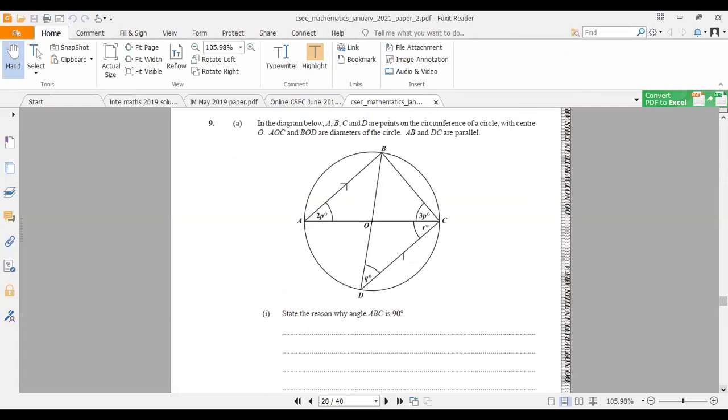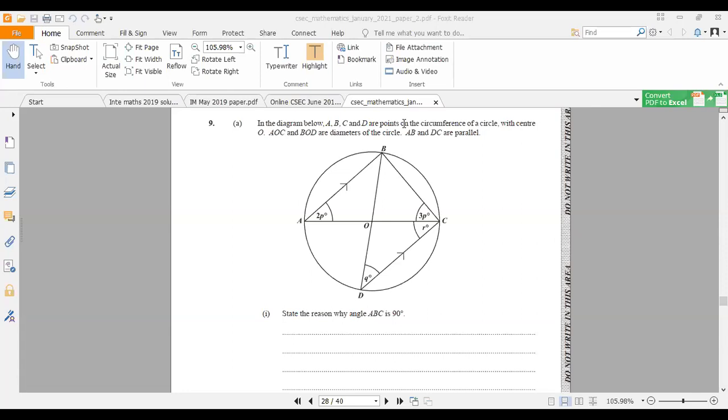Okay, so we are at our circle theorem now. In the diagram below, A, B, C, D are points on the circumference of a circle with center O. AOC and DO, BC are parallel.